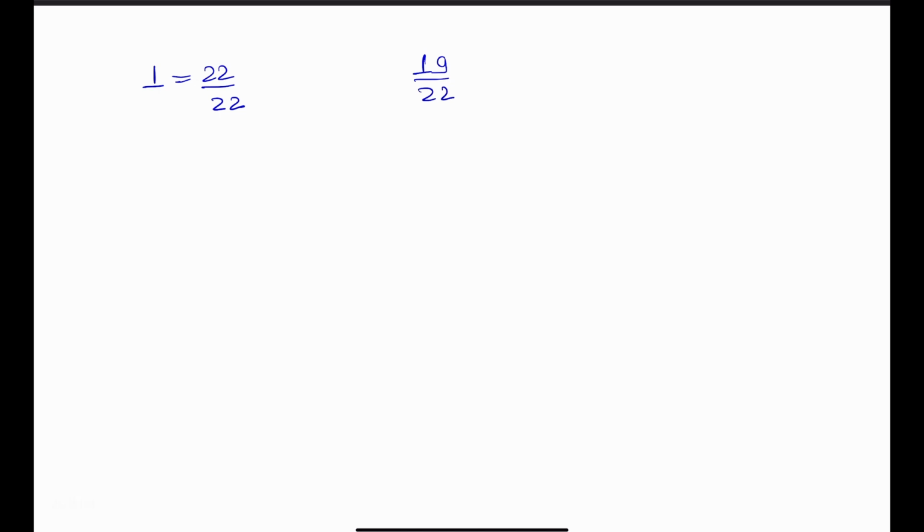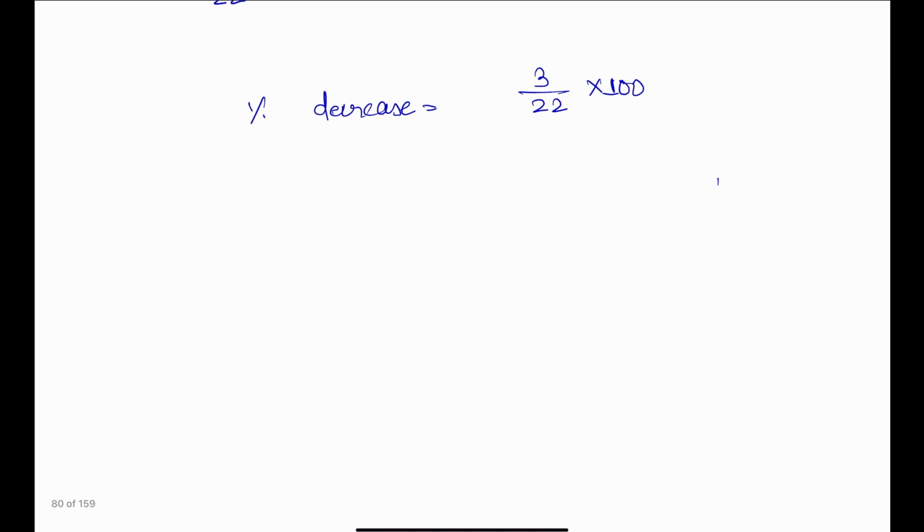So we can rewrite it as percentage decrease, which is nothing but 3 by 22 into 100. So again, 10% is 2.2. How much is left? 0.8. So 0.8 is how much? 1% will be 0.22, 4% will be 0.88.